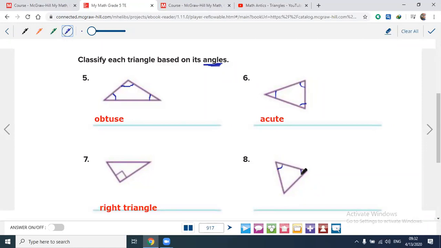Also here an acute angle. The third one is also an acute angle. So all are acute angles, and it will be an acute triangle. So the answer here, the type of triangle based on its angles, will be acute triangle.